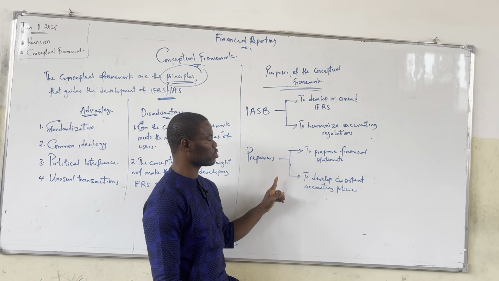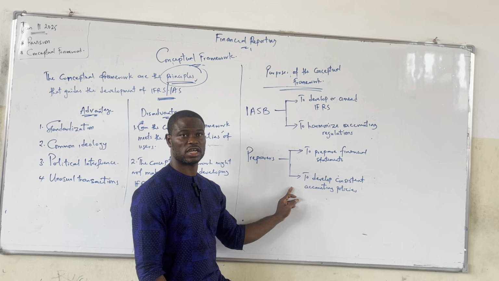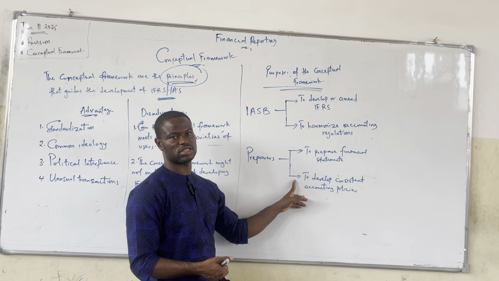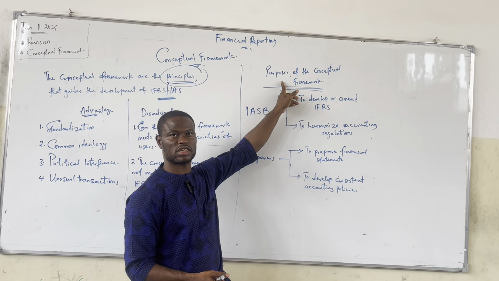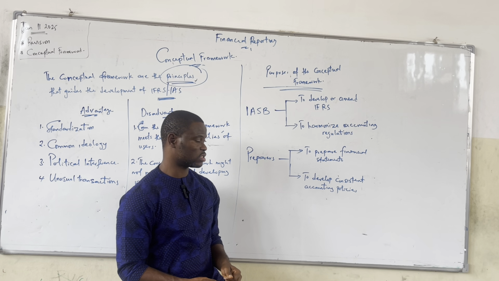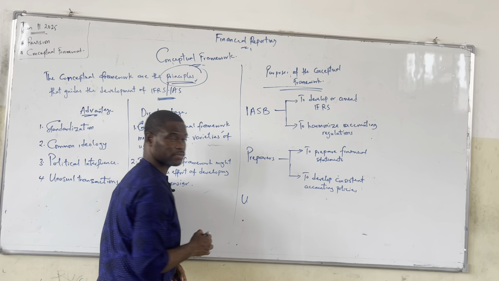So when there is an item or a transaction that does not have an IFRS, and the preparer needs to develop an accounting policy, they use the conceptual framework to develop those consistent accounting policies.